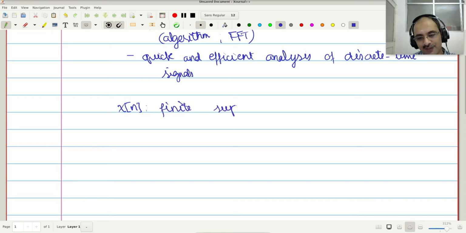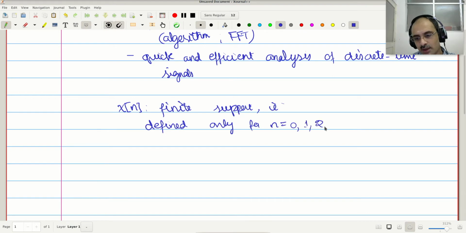We are going to make a further restriction: we define it only for n equal to 0, 1, 2, and so on up to M minus 1. In other words, we are going to consider an M length sequence. It is non-zero only from 0, 1, 2 up to M minus 1. Of course, you can take an even larger M than the actual definition, but we will see that eventually.